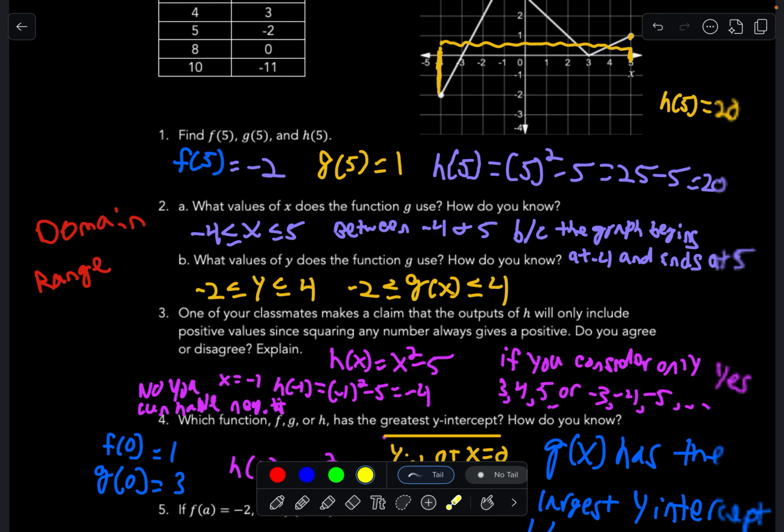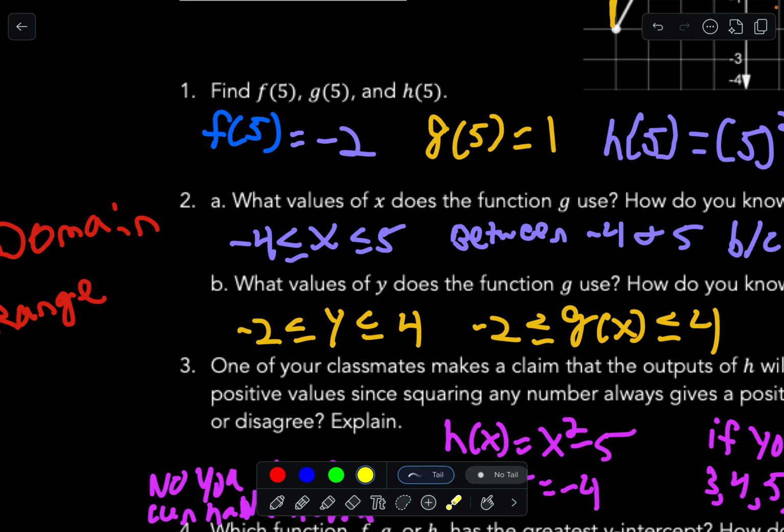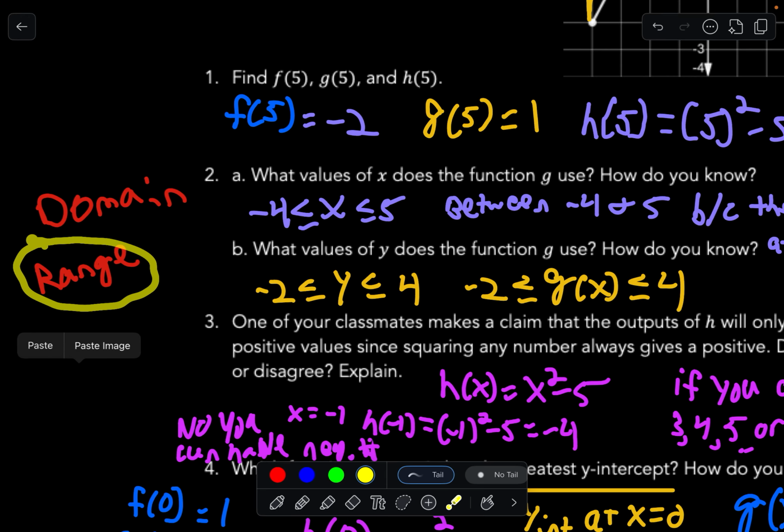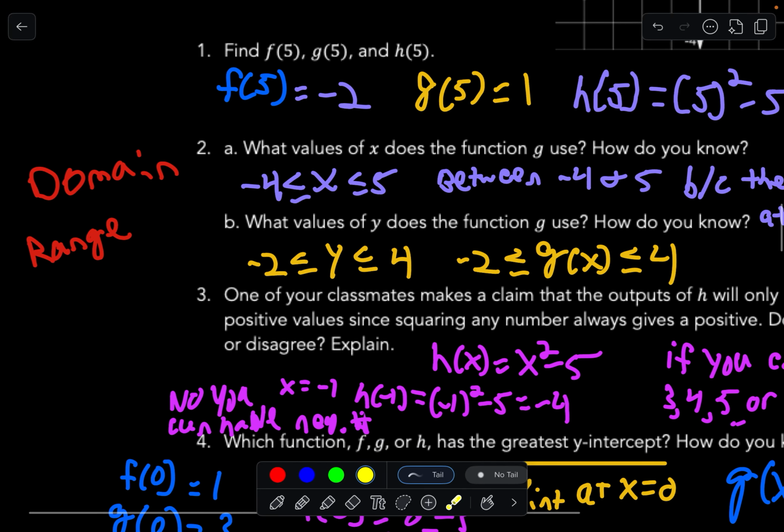That's the output. Notice when we look for the values of x, we were looking for the domain, because remember, domain is the input. And when we're looking for the output, that's the range. Gotta get used to the language. It's used throughout math. Okay?